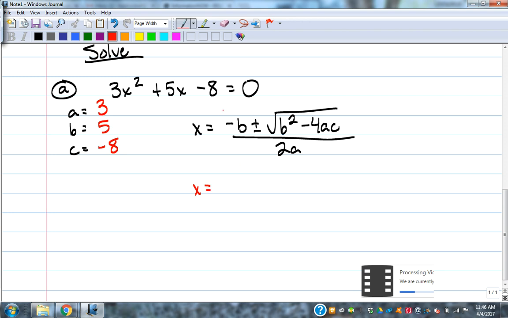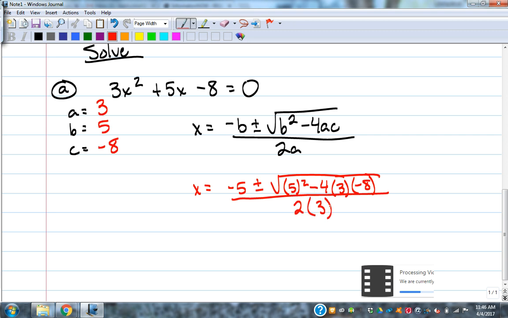Negative B, if B is 5, negative B would be -5 plus or minus. And then we're going to square B. So 5 squared minus 4 times A is 3, C is -8. Then all of that's going to be divided by 2 times A.